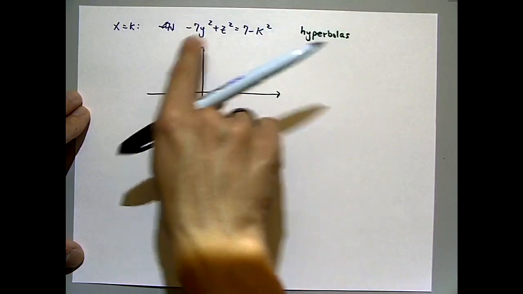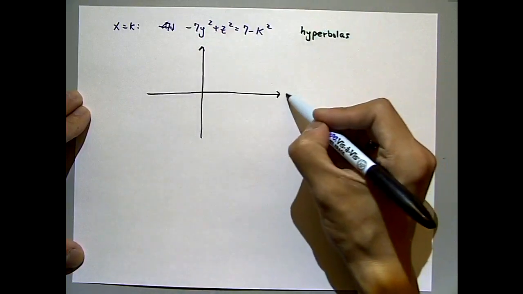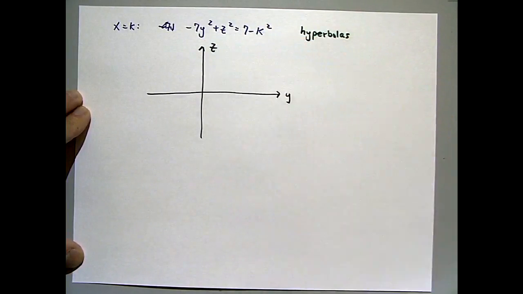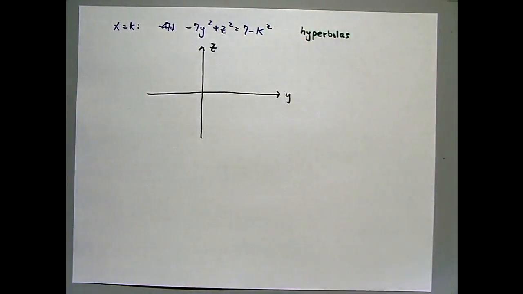And now we're looking at y versus z, and x is coming out at us, the usual perspective we just saw.